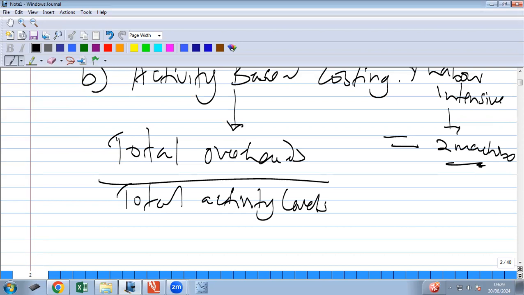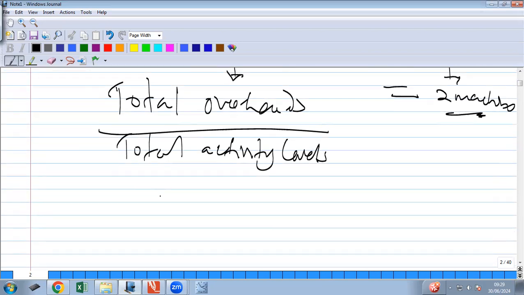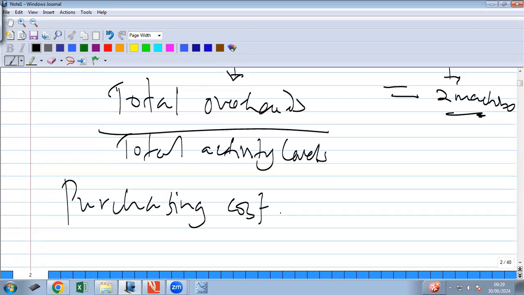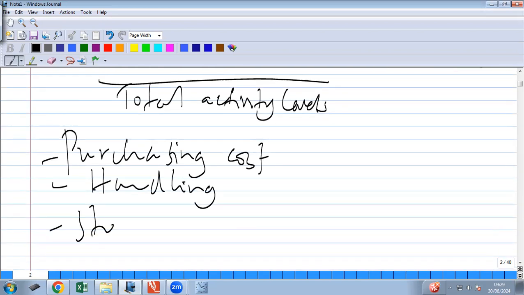Take, for example, you have purchasing costs as an activity, or maybe you can have handling, or storing as an activity which attracts a cost.